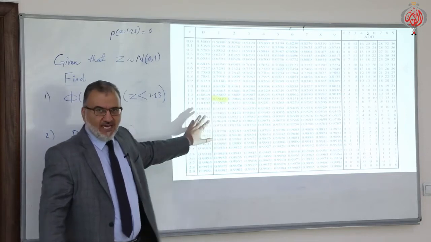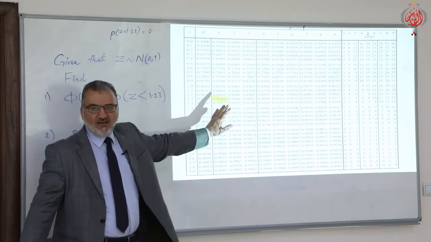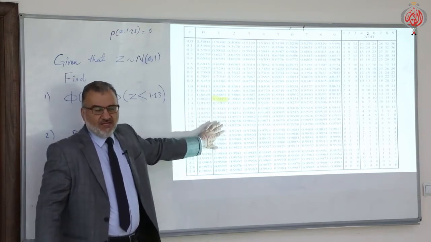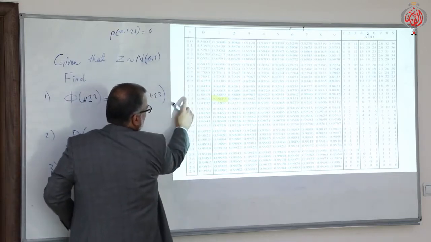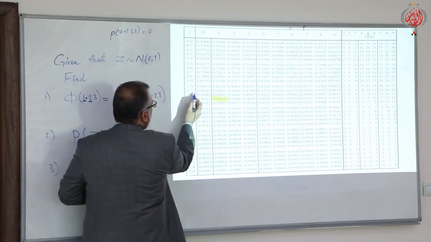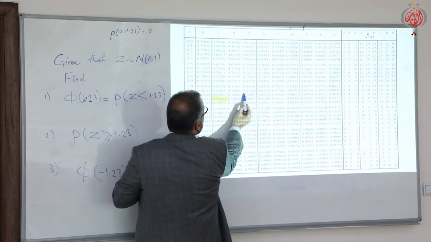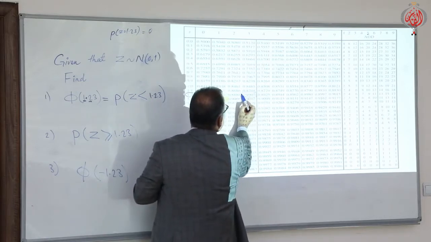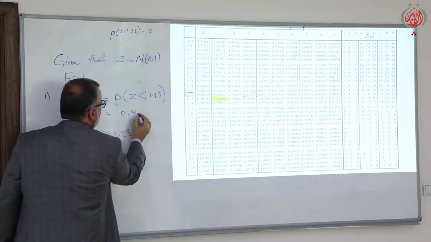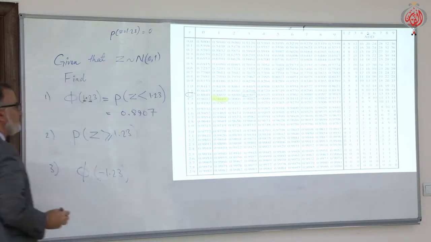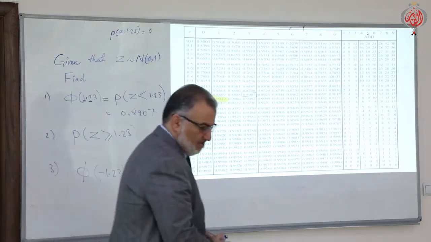So I can use this table, since it is Z less than a positive value, we can find the probability directly from the table. How? 1.2, so you have to go to 1.2. This is 1.2. Then the hundredths, this is the 3. This is the value. So the answer is 0.8907. This is the answer. Okay, is it clear?